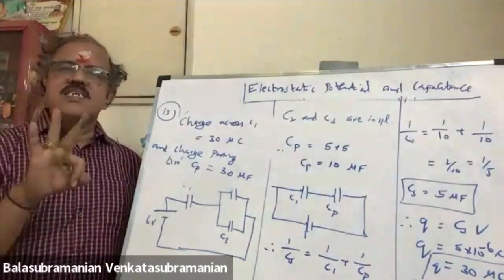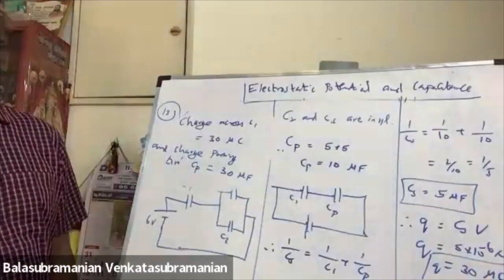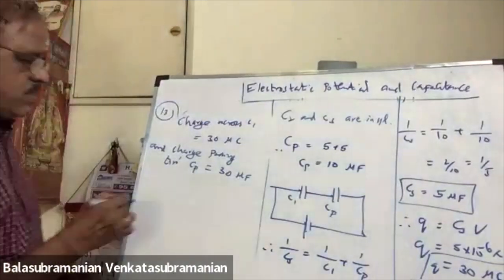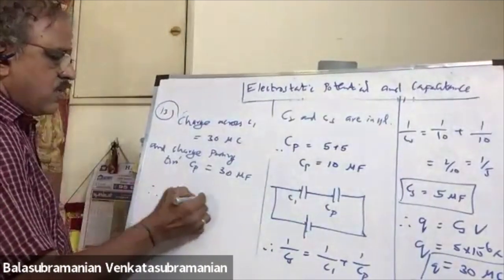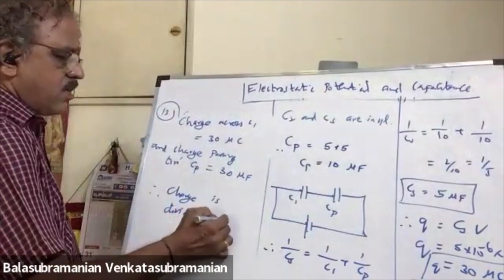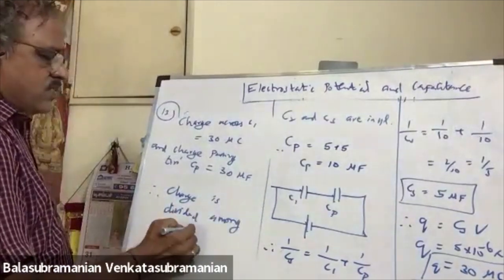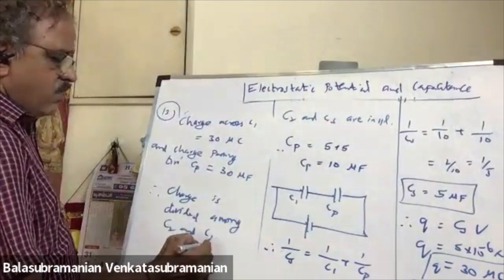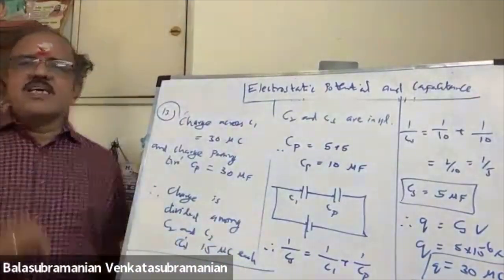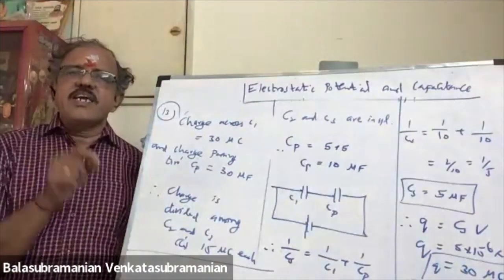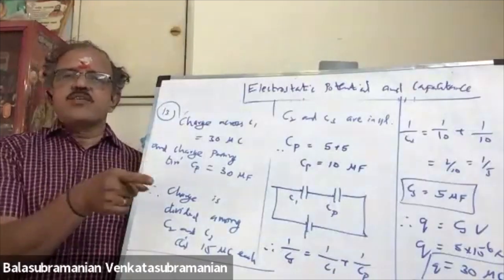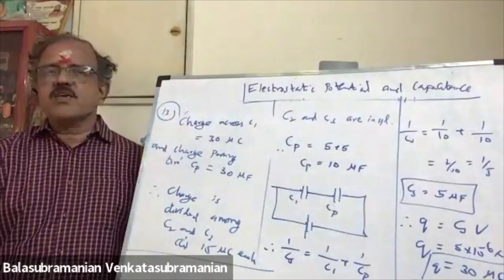Total charge is 30 microcoulomb. Therefore, charge is divided among C2 and C3, 15 microcoulomb each. Total 30 microcoulomb. Across C2 15, across C3 15, so 15 plus 15 is 30 microcoulomb.